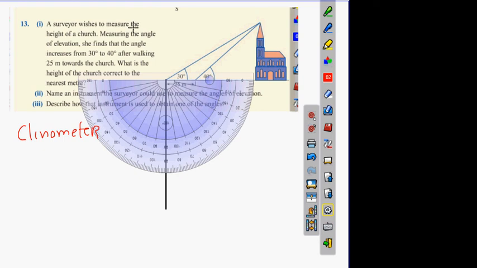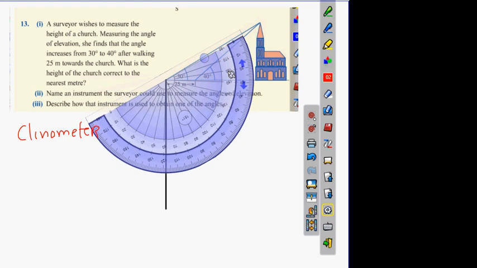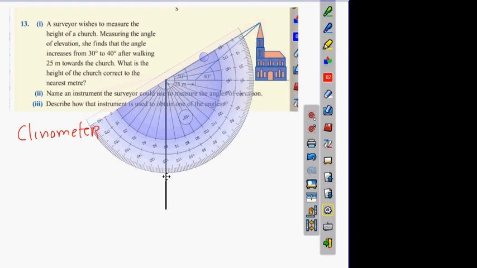Then I rotate it until it goes in level with the church. And now you can see it reads 120. Your first reading was 90, your second reading was 120. The difference is 30 degrees, and that's the angle presented by the church there. Okay, and that's the clinometer.